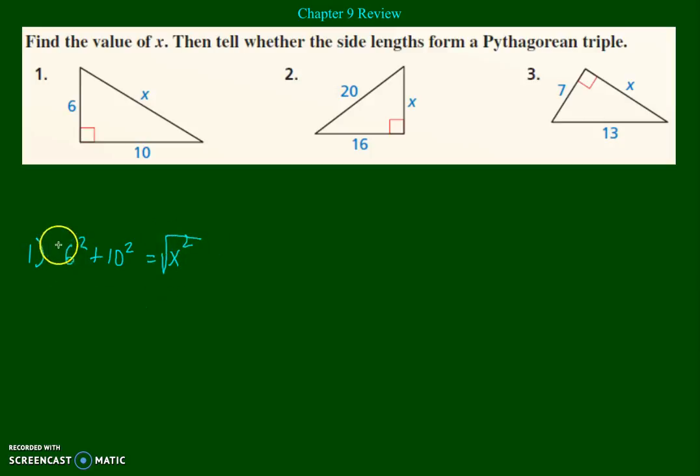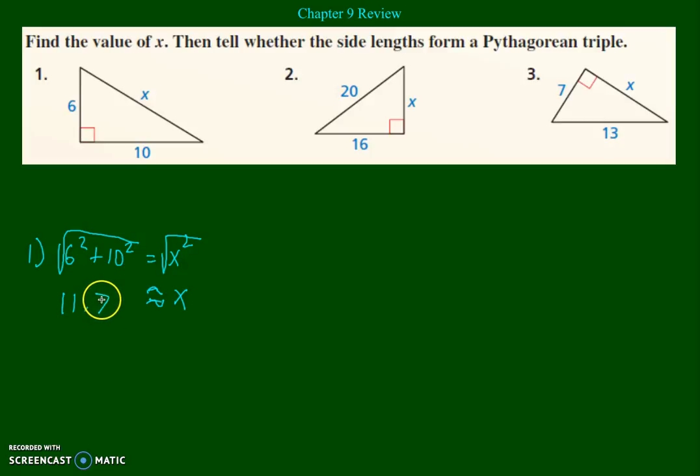We're going to take the square root of both sides, and the square root of x squared is just x, and this value comes out to approximately 11.7. Clearly this is not an integer, therefore this is not a Pythagorean triple. 6, 10, and 11.7 is not a Pythagorean triple.